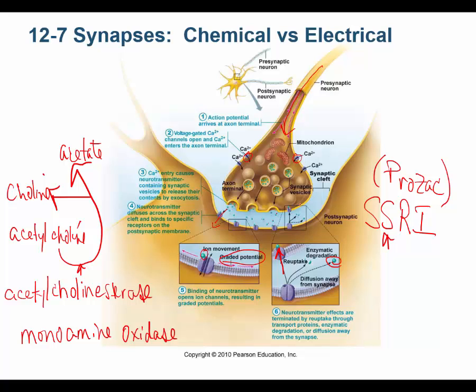Now, there's a lot of really interesting stories in this chemical synapse. For example, the botulism toxin inhibits the fusion of these synaptic vesicles with the membrane and therefore inhibits exocytosis of acetylcholine. If you can't exocytosize acetylcholine in the neuromuscular junction, then you can't contract the muscle.